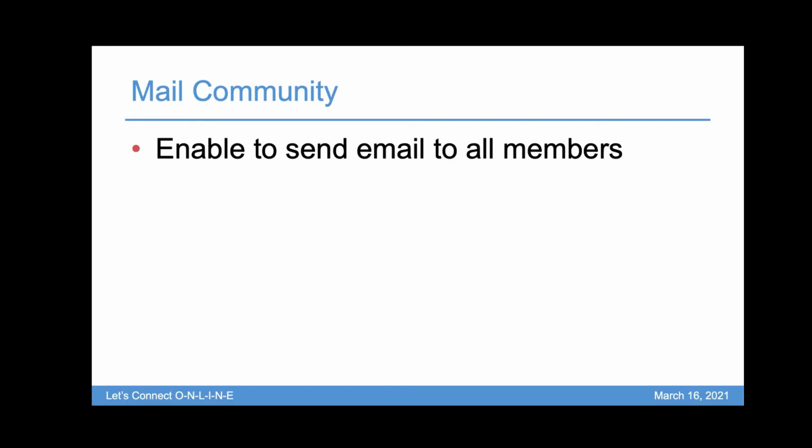So let's say you have 50 people in your community who have nothing in common in your corporate directory, except that they share some interest in your community. So in this case, it's very difficult to send them an email if you really have to. So this is also something you may want to enable.